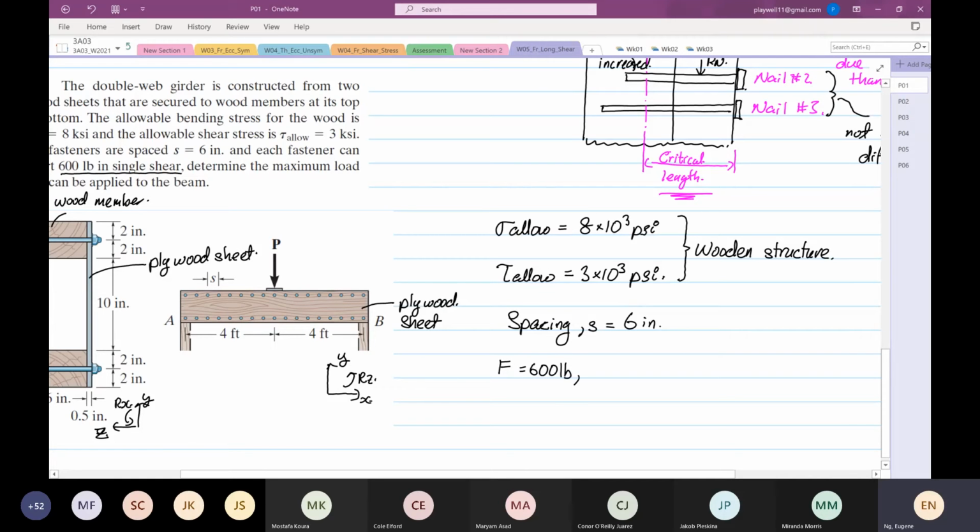This is the resistance force that the fastener can resist under a single shear configuration.